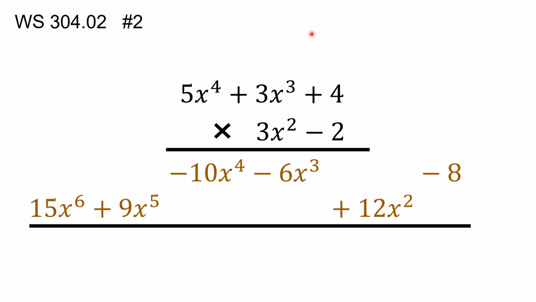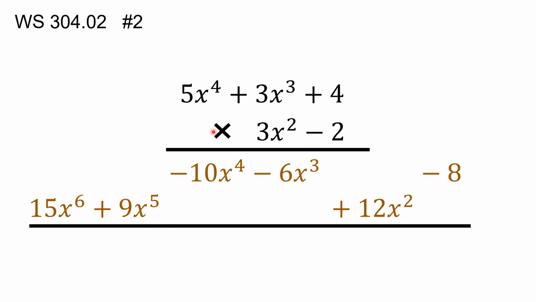This multiplication problem is a little bit more complicated, and I'd like to go over it with you. We have 5x to the fourth plus 3x to the third plus 4. As you can see right away, the x to the second term is missing. Okay, and so is the x term. So be it.